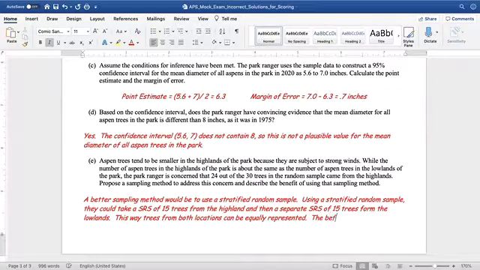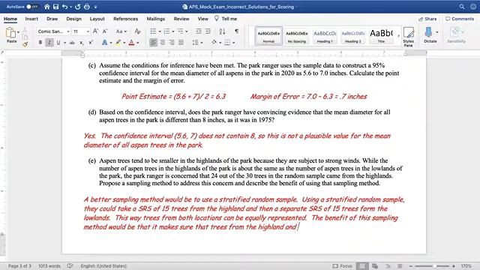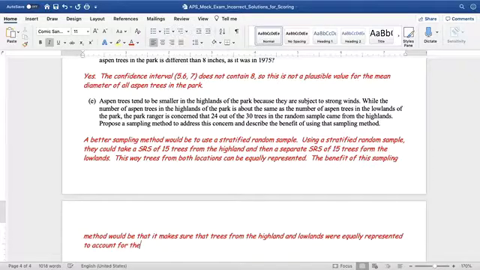We could say the benefit of this sampling method would be that it makes sure that trees from the highland and lowlands were equally represented to account for the variability in tree diameters between the highlands and lowlands.